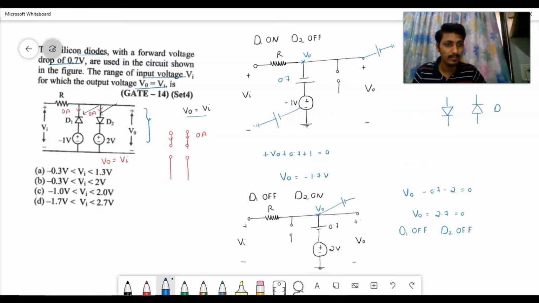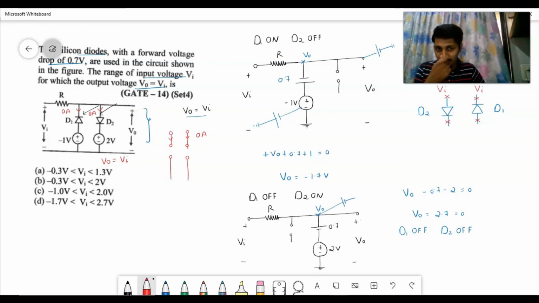So this is nothing but D1, this is nothing but D2. So this is our P terminal, this is our N terminal, this is N and this is P. So for this we have to satisfy the condition for the range also.